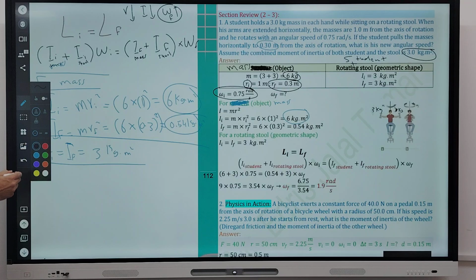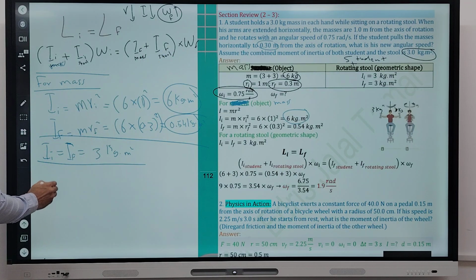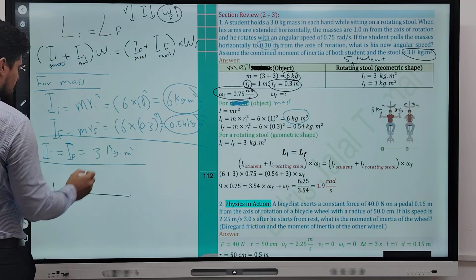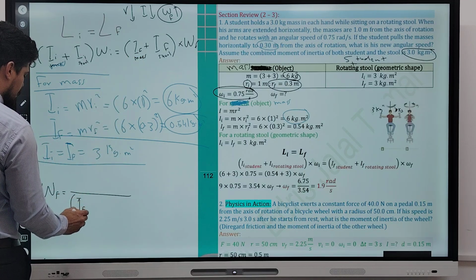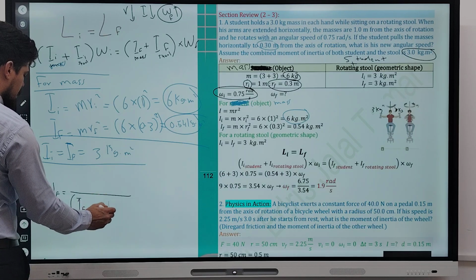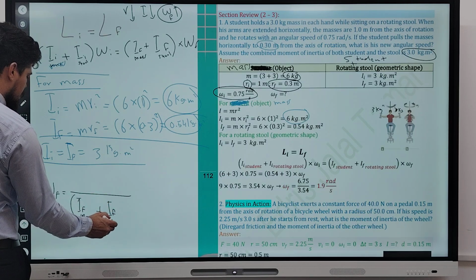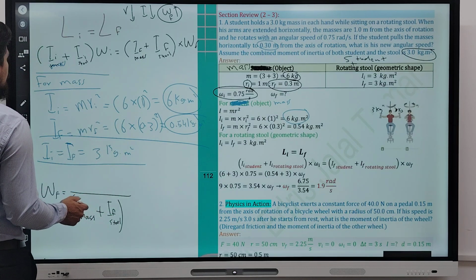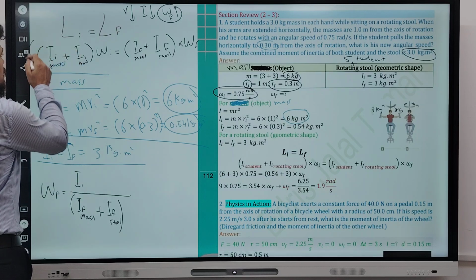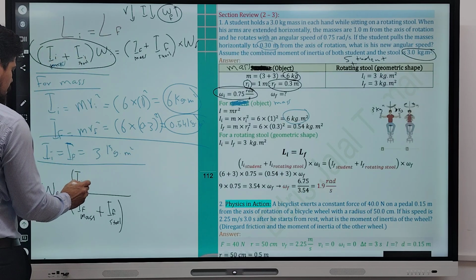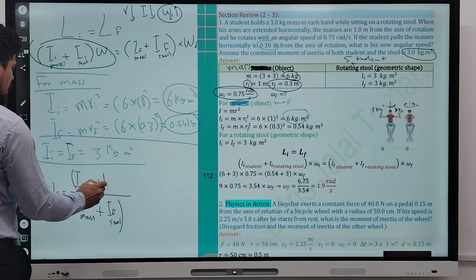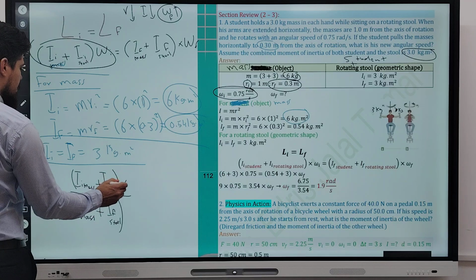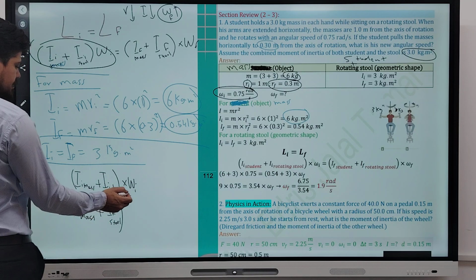What is unknown? Omega final. Omega final: these 2 terms go to the denominator, I final for the mass plus I final for the stool and the student, and over this ratio we have I initial for the mass plus the initial moment of inertia for the stool, times omega initial.